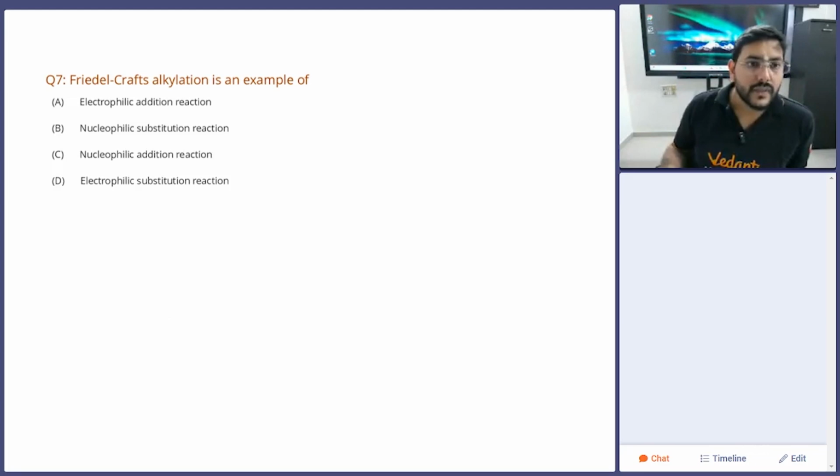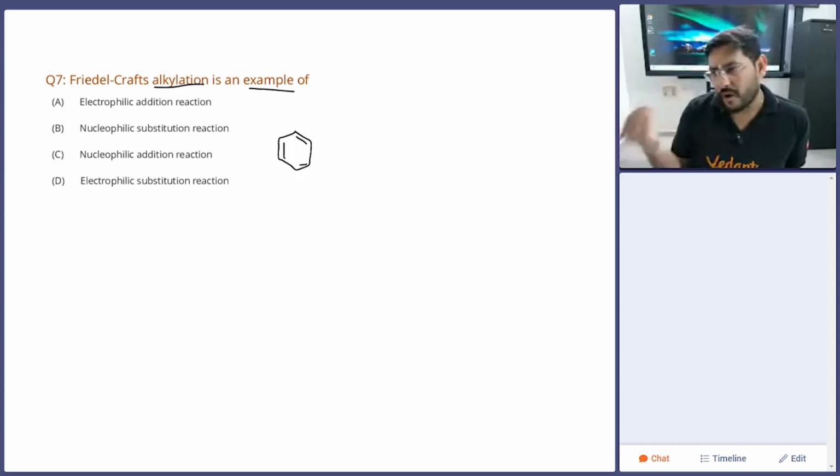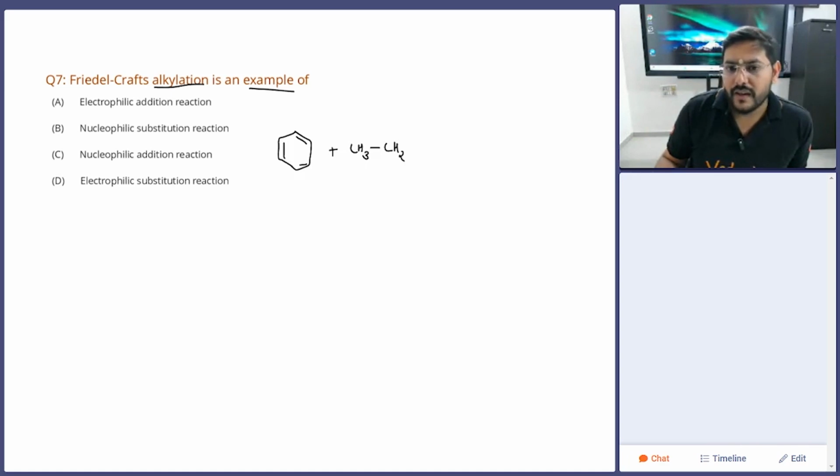Friedel-Crafts alkylation is an example of... Let's begin. I'm talking about the Friedel-Crafts alkylation reaction. You can talk about Friedel-Crafts acylation also. Let's take this example: CH2 and Cl in the presence of AlCl3.